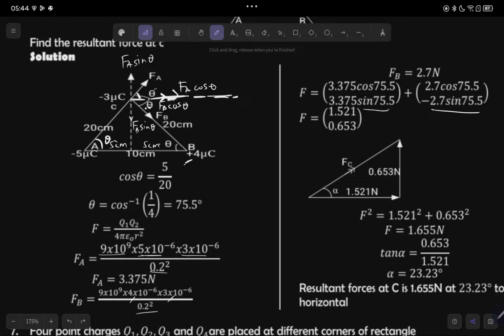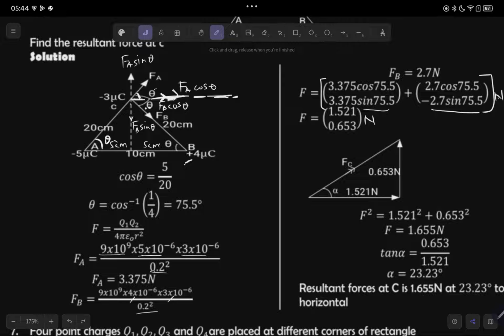Now, when we do the mathematics there, please don't forget, I repeat, to indicate the units of these forces. These are physical quantities. So we get 1.521 and 0.653 newtons.